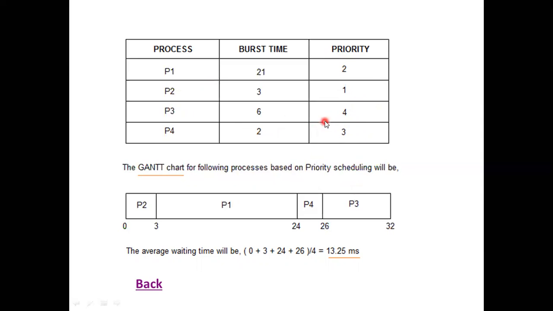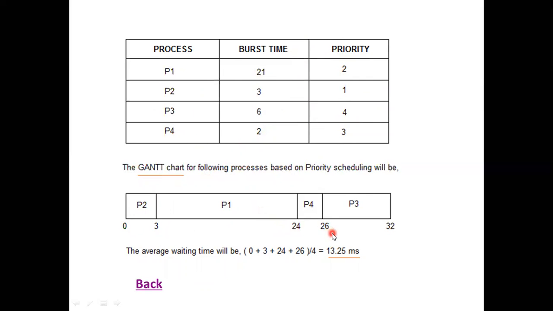So if you look at the same jobs, who is the first one? P2 is the first one. So from 0 to 3, P2 is executed. Next is P1, the second priority. P1 will be executed and requires 21 units of time. So 3 plus 21 equals 24. So from 3 to 24, P1 is executed. Next is P4, which requires 2 seconds.